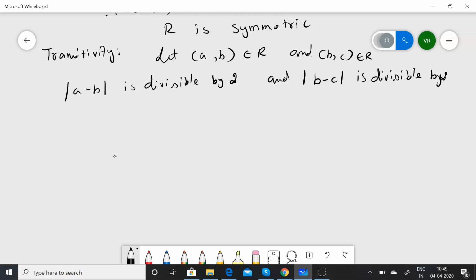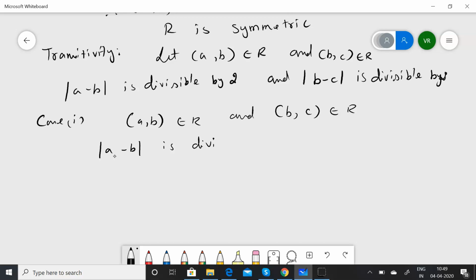Now, two cases arise. Case 1 is when b is divisible by 2. Then (a, b) belongs to R and (b, c) belongs to R. In this case, we can say that modulus of a minus b is divisible by 2, where both a and b are divisible by 2.